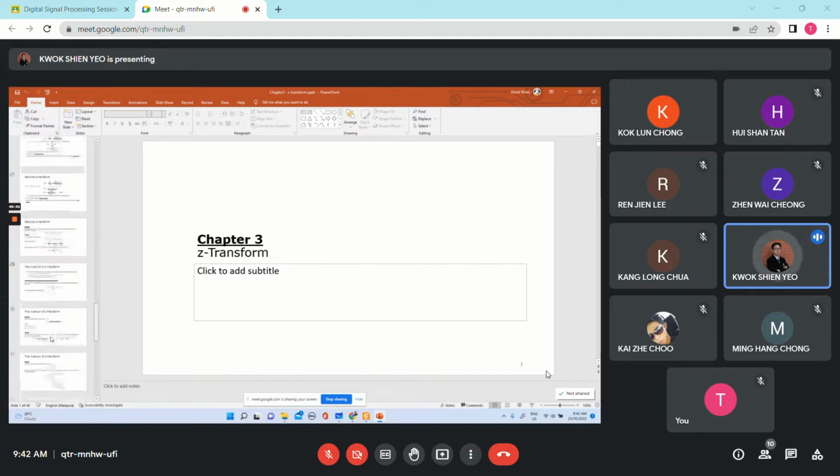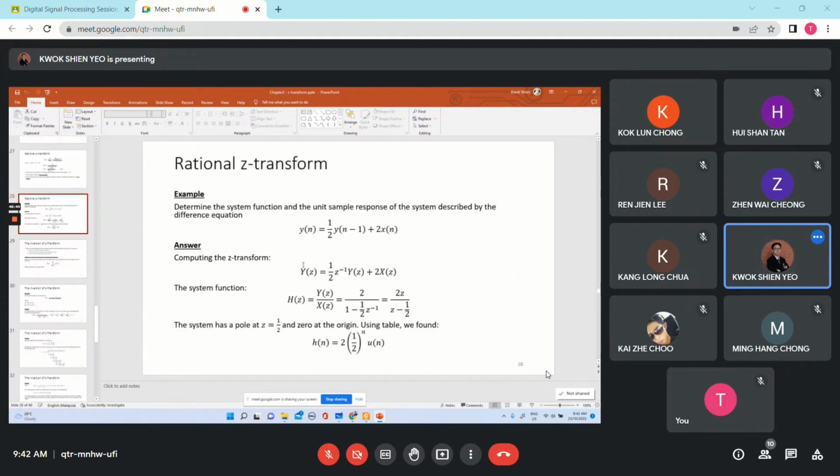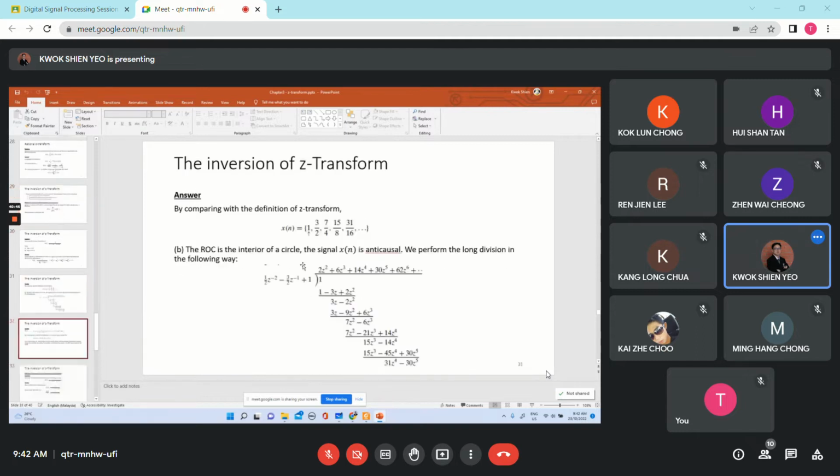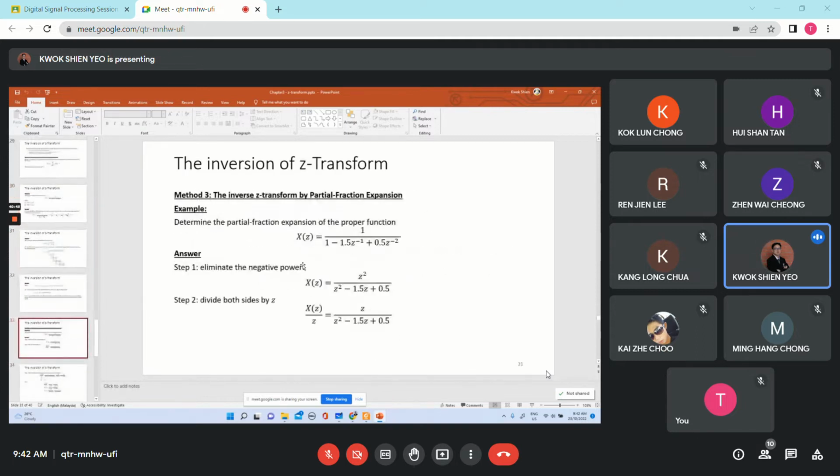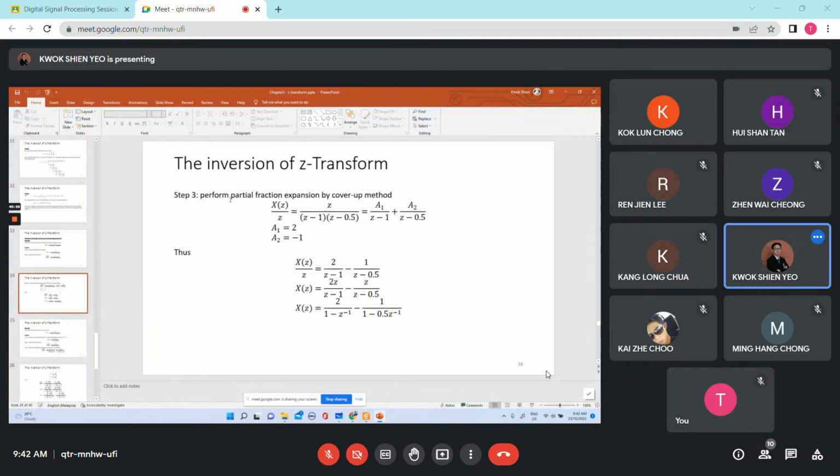Okay, you need to study this, right? Z transform partial fractions. Step 1, step 2, step 3. Get into this stage, then you can do the inverse Z transform by table already.